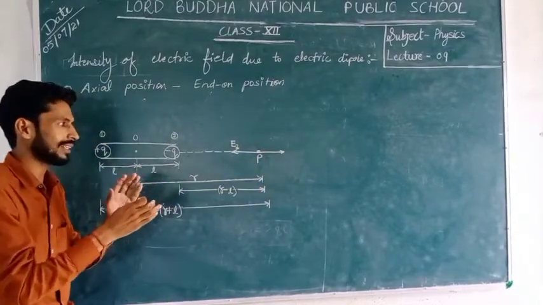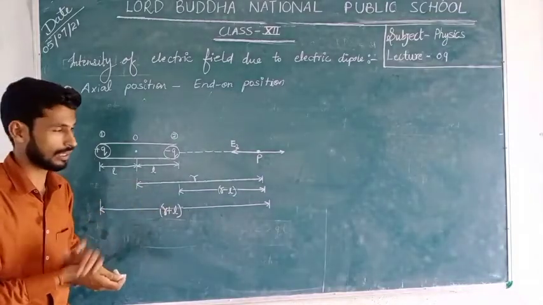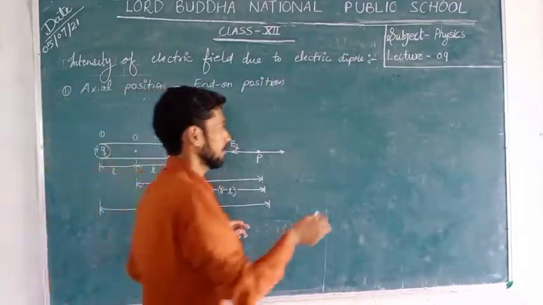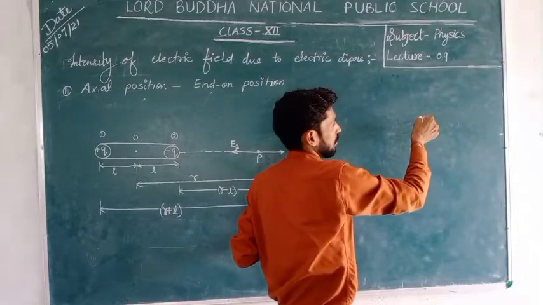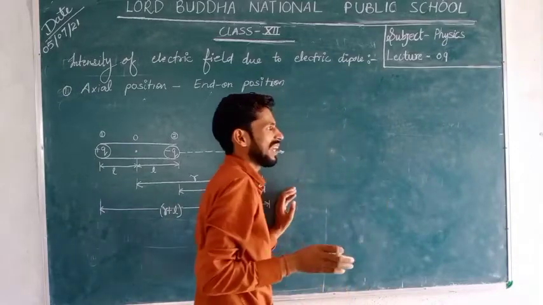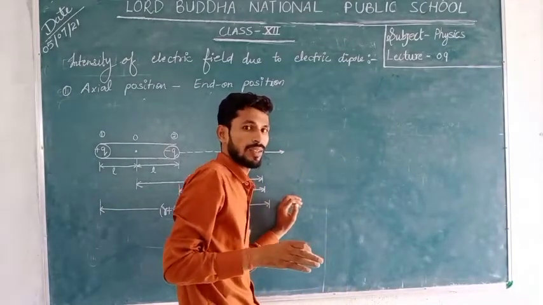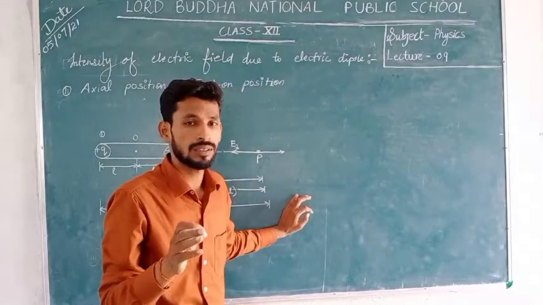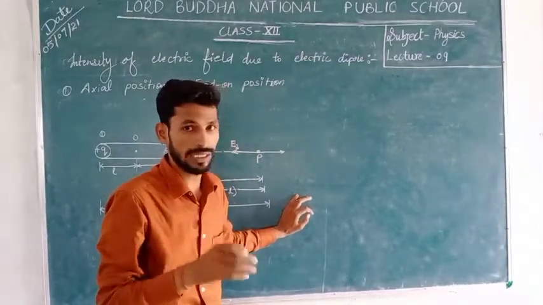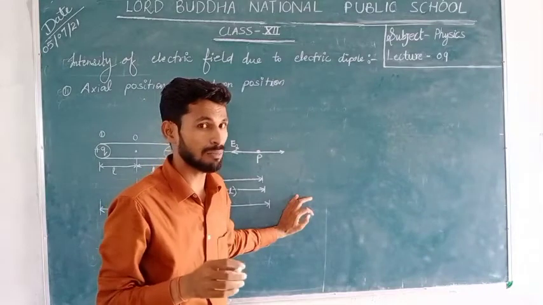Why are we taking the directions opposite to each other? We know that in previous lectures we have discussed the electric lines of force.